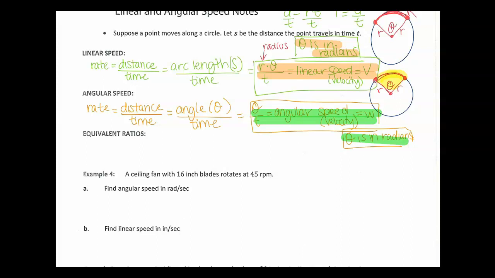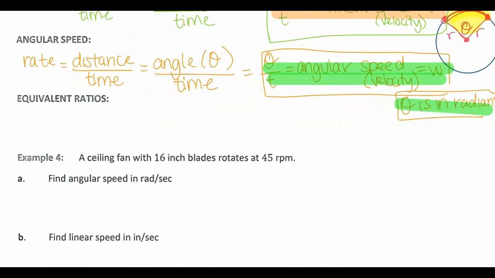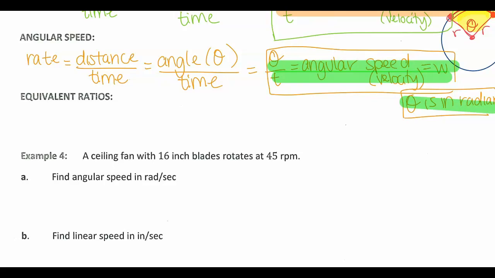You've seen it a lot. So instead of having you memorize a brand new formula, let's just use dimensional analysis. And with dimensional analysis, that's going to require you to understand some equivalent ratios, or conversions, that are going to help you with solving your problems a lot quicker.